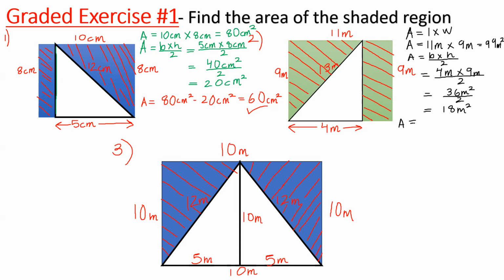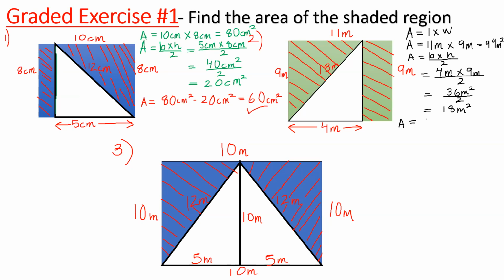Good. Now we need to know the area of the shaded region. What's going to be the area of the shaded region? We have to do what? Subtract. Subtract what? Subtract 99 and 18. Very good.